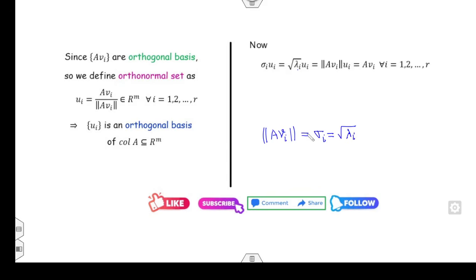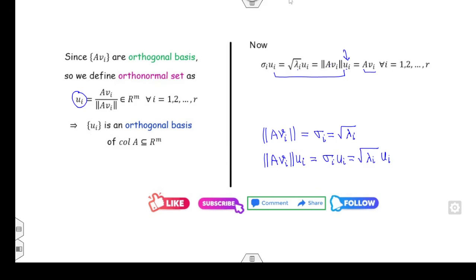I can multiply this equation by Ui. What will happen if I multiply this equation by Ui? This is sigma i Ui, which is root of lambda i Ui. That is up to here. Fine. I can substitute the value of Ui. Then you can see the norm will be cancelled. It becomes A of Vi.